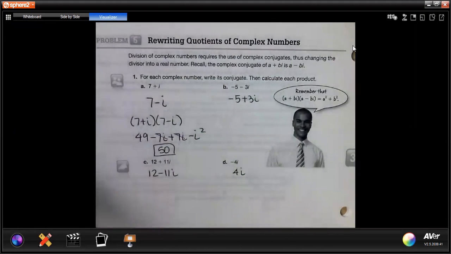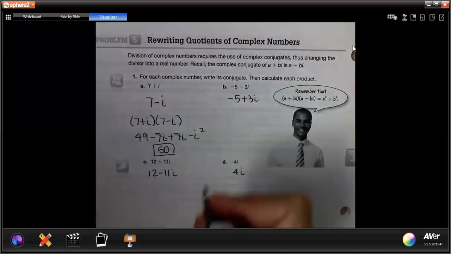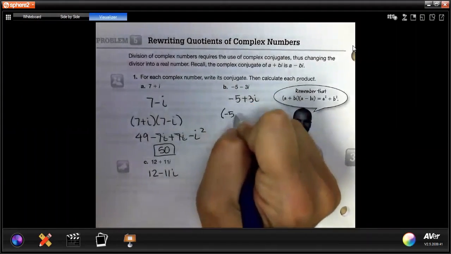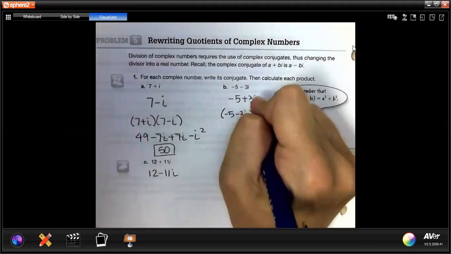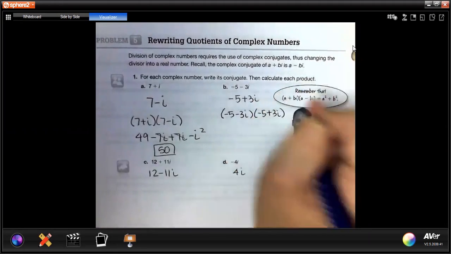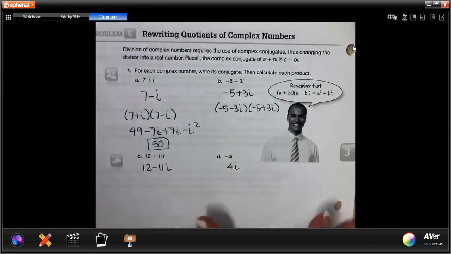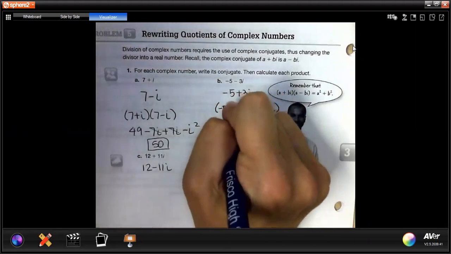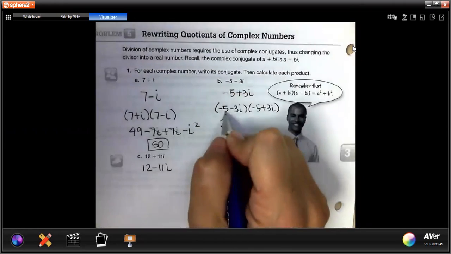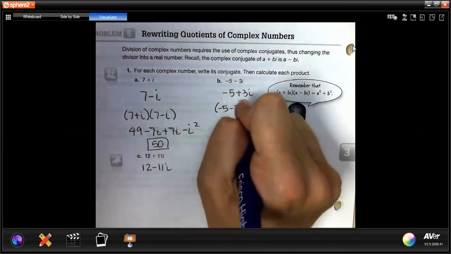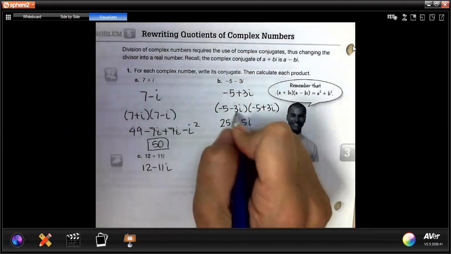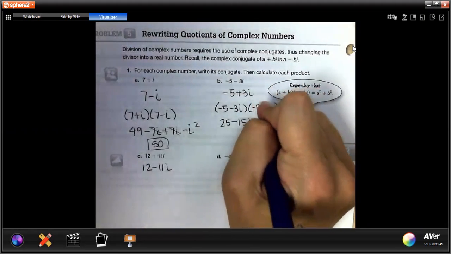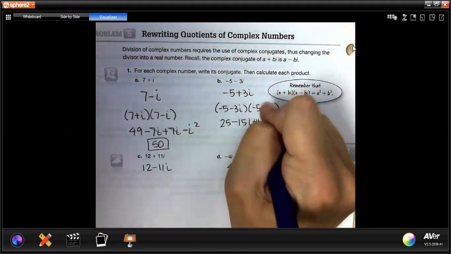That is going to be true every time you multiply times the conjugate. So we'll try another one here, negative 5 minus 3i and negative 5 plus 3i. That's basically the difference of squares there, so it's going to cancel again. Negative 5 times negative 5 gives us a positive 25. Negative 5 times 3i gives us a negative 15i. Negative 3i and negative 5 gives us a positive 15i.